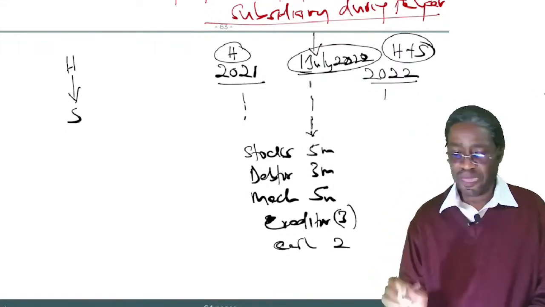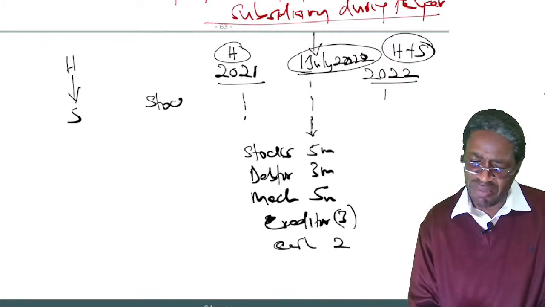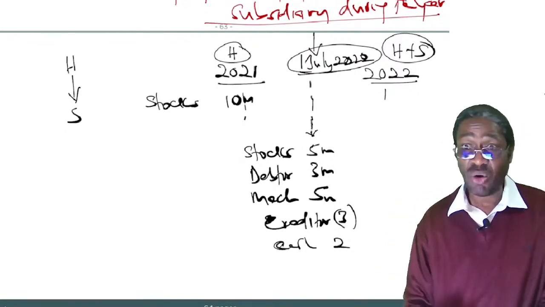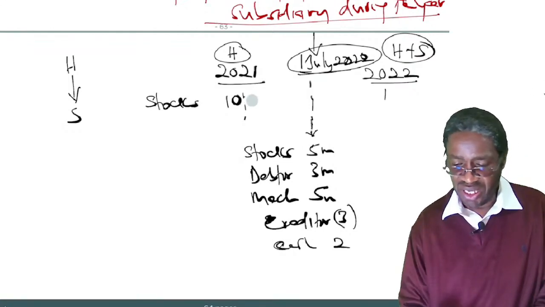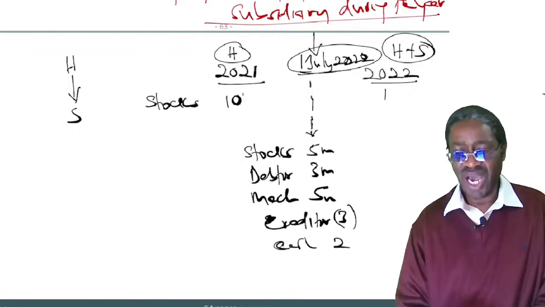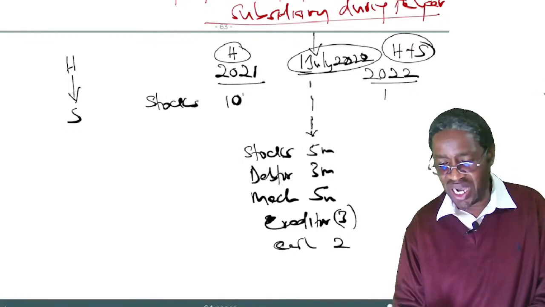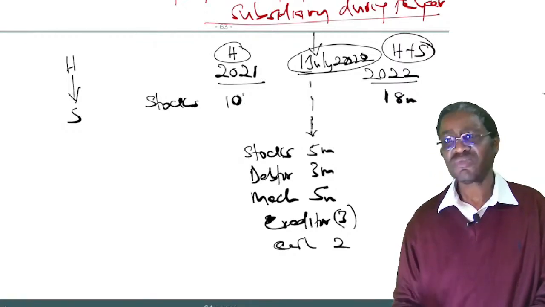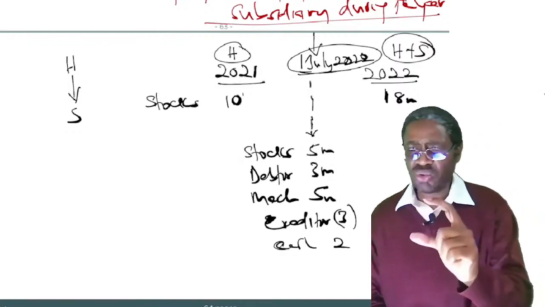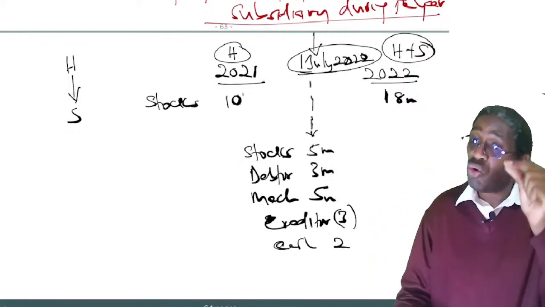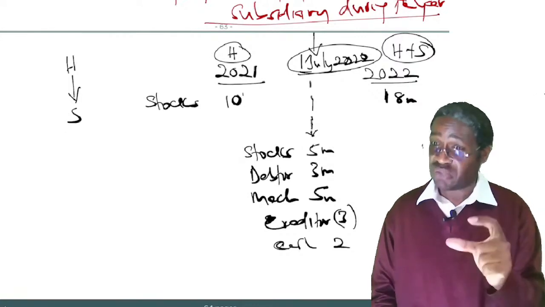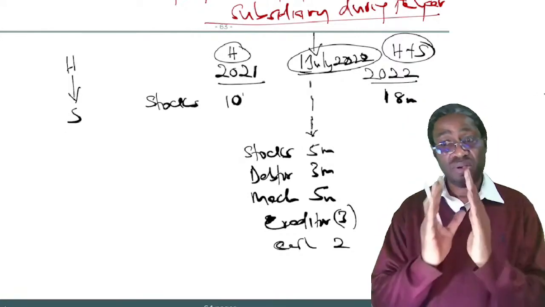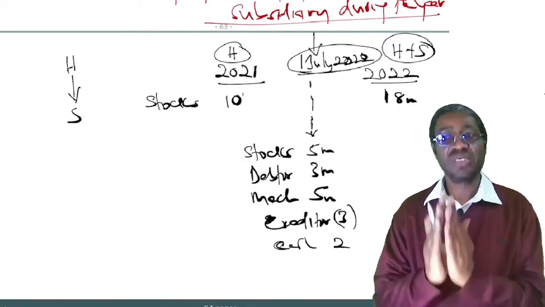For example, if the stocks as per the balance sheet last year were 10 million, and the stocks by end of this year are given to you as maybe 18 million, would you conclude, listen carefully, that in your cash flow statement the stocks were increasing by 8 million? No. Listen, no.